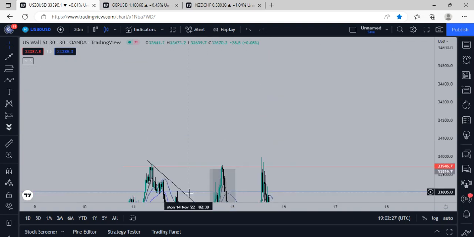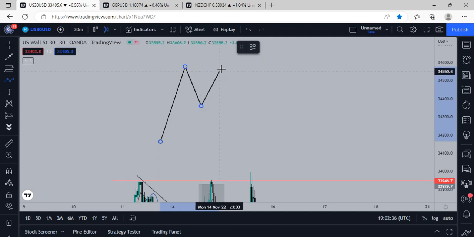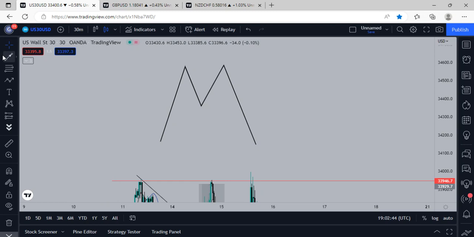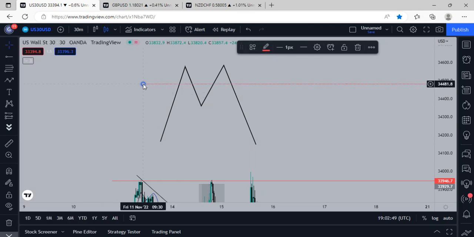If I could just draw it over here, price came back up, down again, then broke up, and then comes back up again, okay? And then this would be, let's say, resistance, okay?